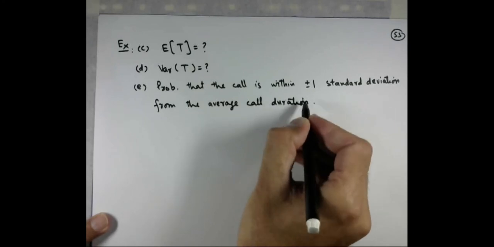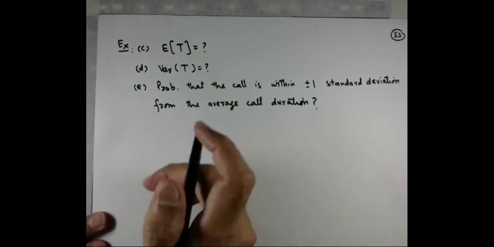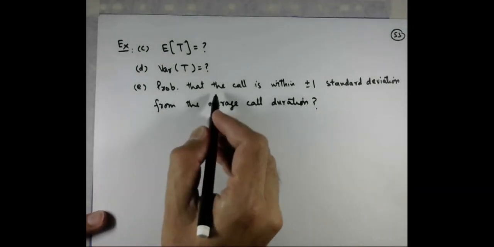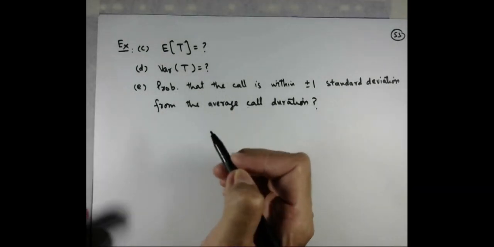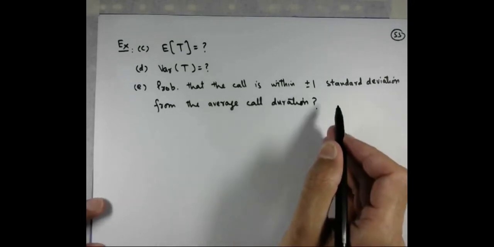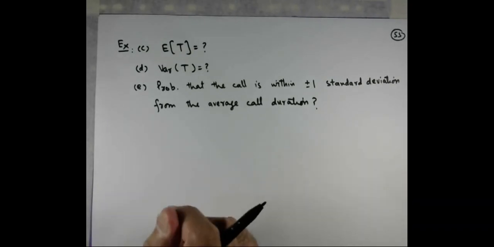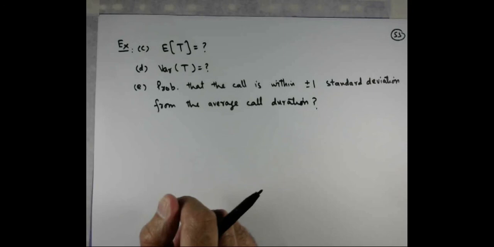I hope you understand this part as well. We need to find the probability that the total call time is within plus minus 1 standard deviation from the average call duration. So when time comes, I'll tell you how we can calculate this.